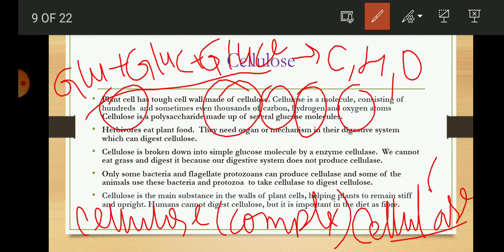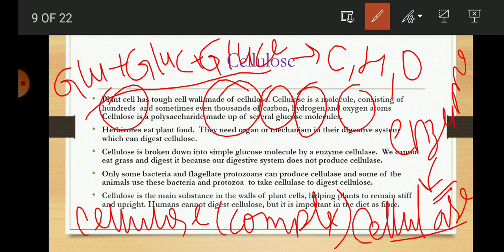This is the enzyme which digests cellulose, and this enzyme is not present in human beings. It is produced only by some special bacteria or some protozoans. These bacteria or protozoans are not present in human beings; they are present only in the ruminants, the grass eating animals.